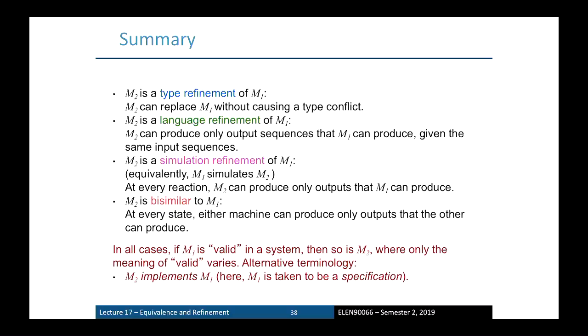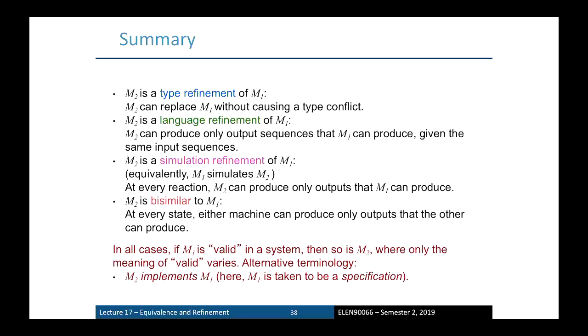So when we ask, is it valid to swap M1 and M2, the meaning of valid varies. Is it valid in terms of types, in terms of the language, or in terms of simulation or bisimulation? It's not trivial.